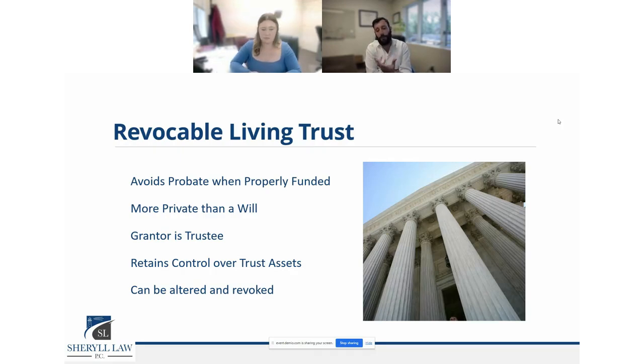So it's a nice vehicle because anything you put inside of it consolidates assets, provides avoidance of probate, keeps them private, maintains control upon your incapacity and death, and you have full use and control and enjoyment of them, and you can change and revoke this trust at any time. It's a very nice estate planning tool for many people.